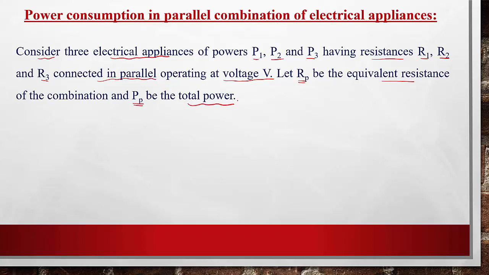Let us imagine three electrical appliances connected in parallel. Each appliance has power P1, P2 and P3, and resistances R1, R2 and R3. They are connected in parallel and all operate at the voltage V. Instead of all these three resistors, we can use the equivalent resistor Rp, and Pp is the total power.